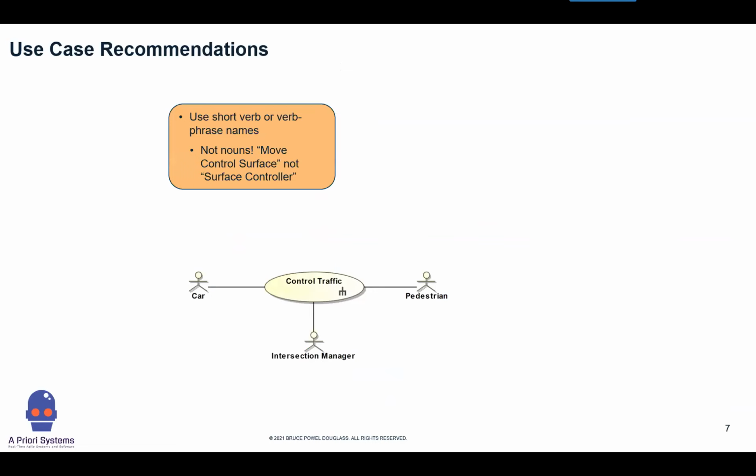So some recommendations. Use case names should be verb or verb phrase names. If it's a noun, in my experience, it's usually because you're trying to design something. So you should never have a name like system controller, because that's a thing, it's a noun.